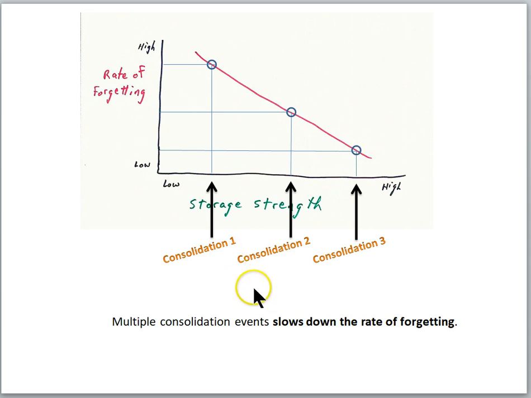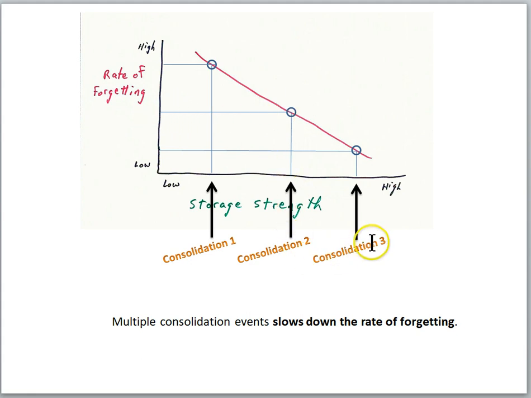Now, we said previously that multiple consolidation events were required to install strong memories into the long-term memory system. Well, from this point of view then, multiple consolidation events will be slowing down the rate of forgetting, because consolidation event number 1 increases storage strength to a certain degree and we have a certain rate of forgetting. But if we can enjoy a second round of consolidation for that same information, we've increased the storage strength, and so we have a smaller rate of forgetting.